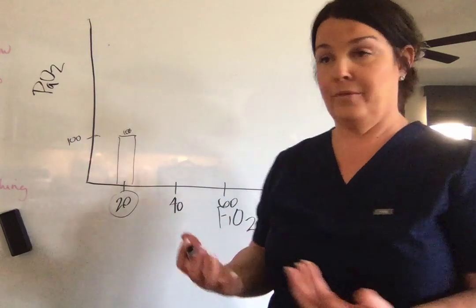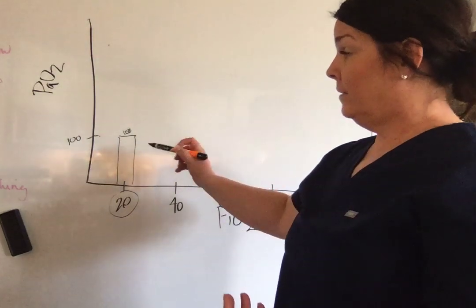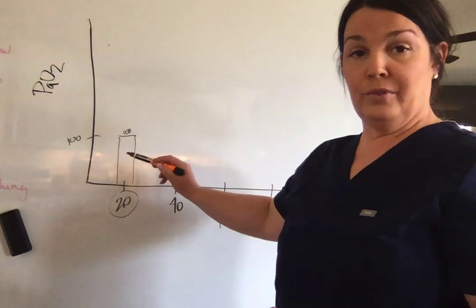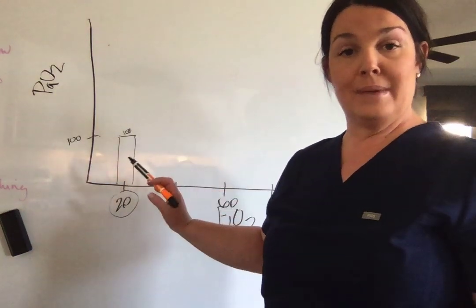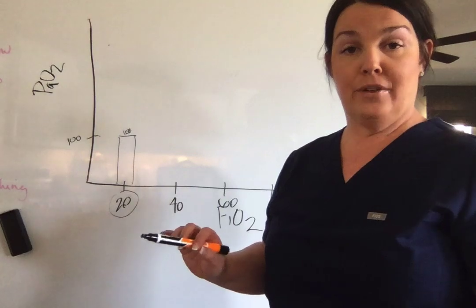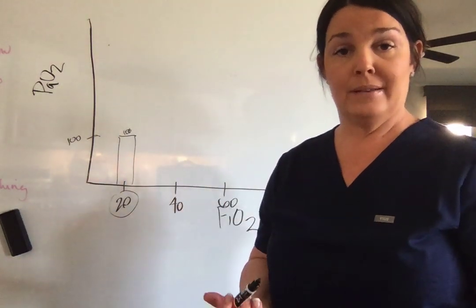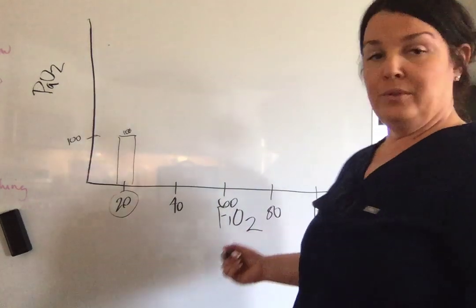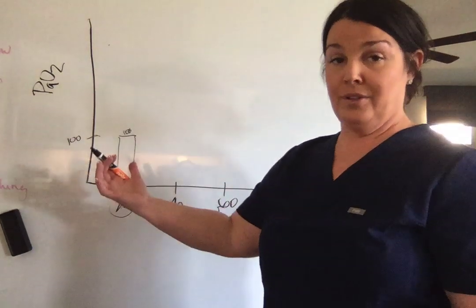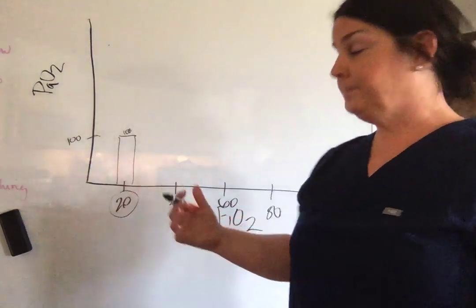And where does that come from? When we look at the expected PaO2 versus the PaO2 that we get, that is called the AA gradient. So we need to first know what the expected PaO2 is for each FiO2, or each level of oxygen that we give a healthy patient.